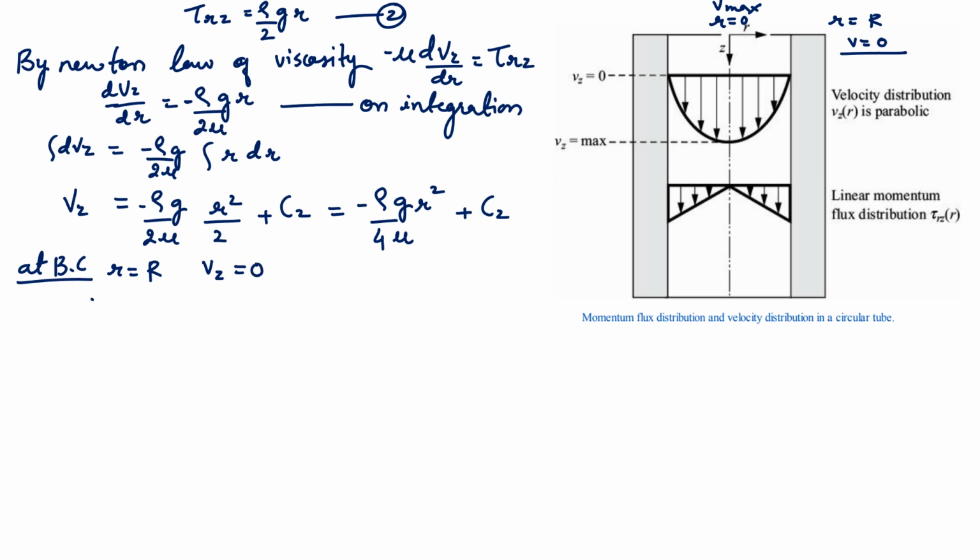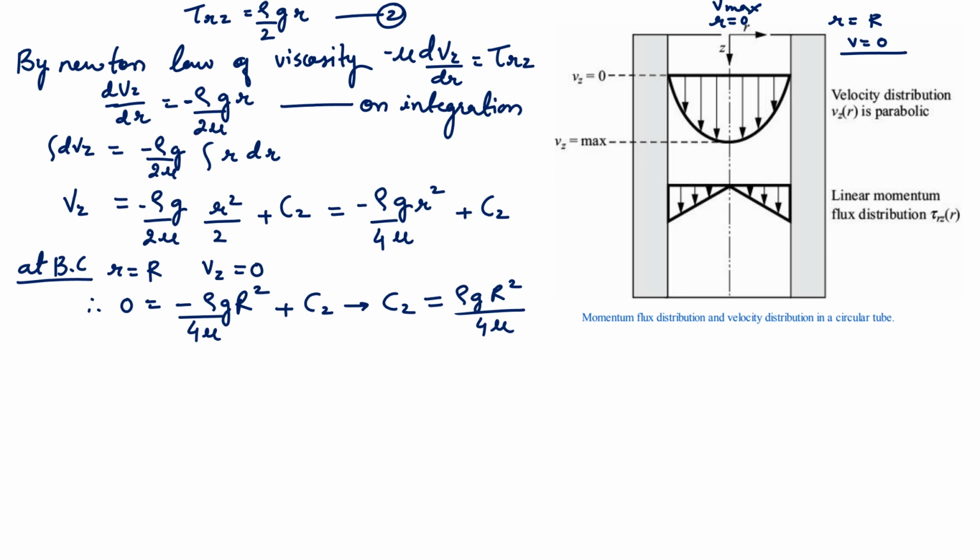Therefore 0 equals minus rho g R square upon 4 mu plus C2. This r square is capital R square. So substituting, C2 is equal to rho g R square upon 4 mu.